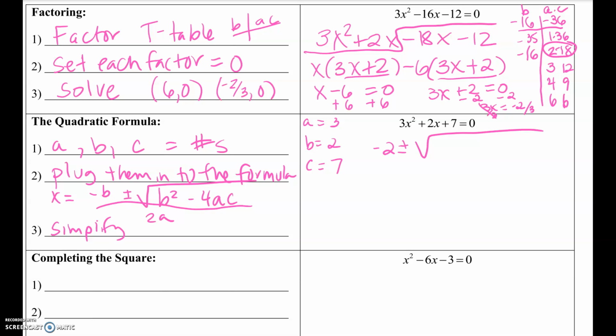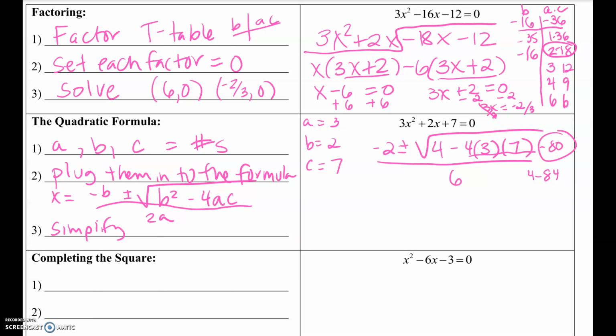So 2 squared is 4, minus 4, and then use parentheses here, times 3 times 7, divided by 2a, divided by 6. So then in here I've got 4 minus, so I always do this side work, and then I'd multiply these together. 4 times 3 is 12. 12 times 7 is 84. So 4 minus 84, I get negative 80.